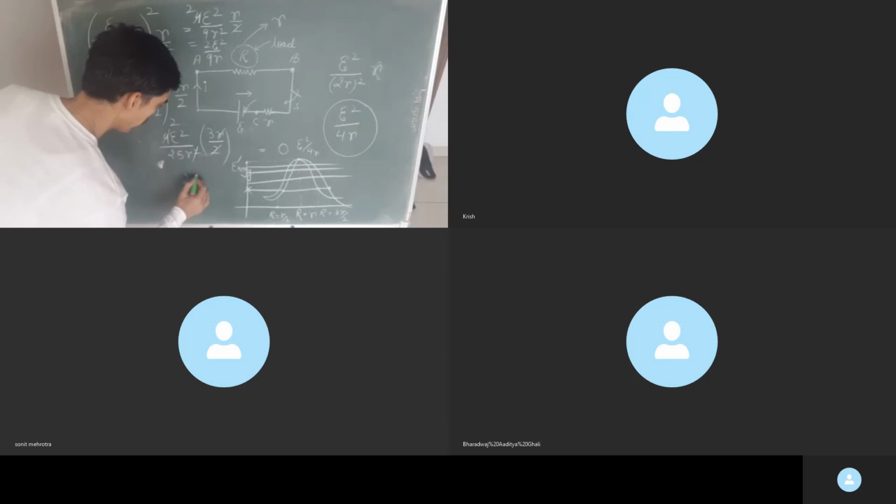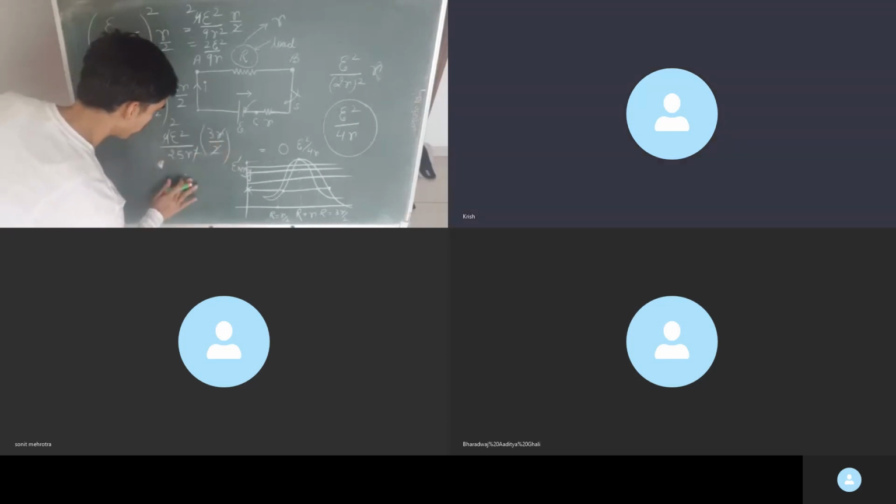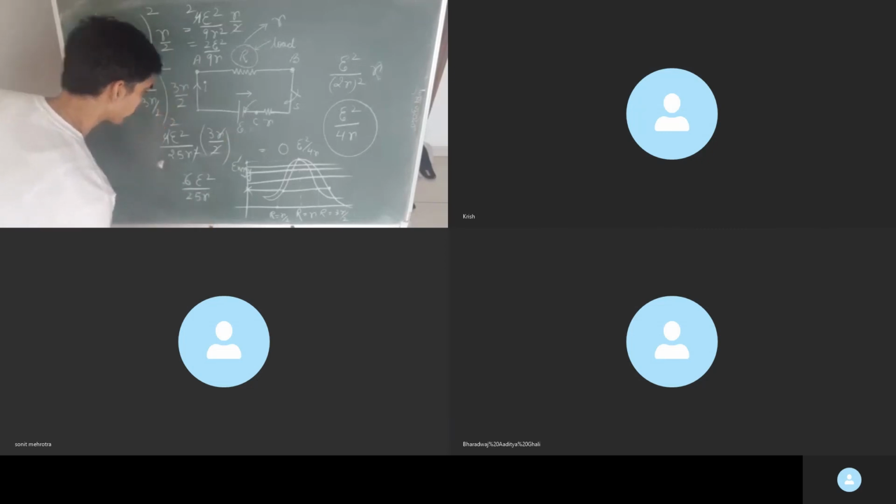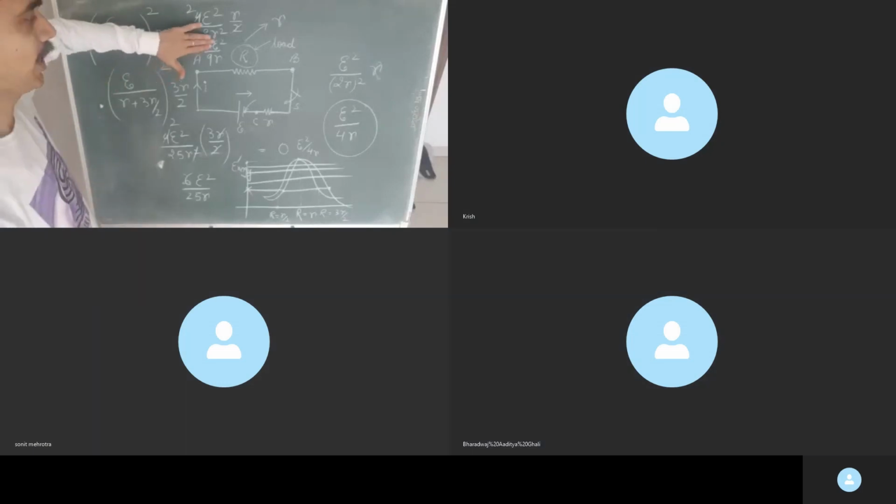Or we can remove 1, 15. How much will it go with? Will not go with anything. 6E square by 25R, right? Now here we get it as 2E square by 9R, and here we are getting it as 6E square by 25R, correct?